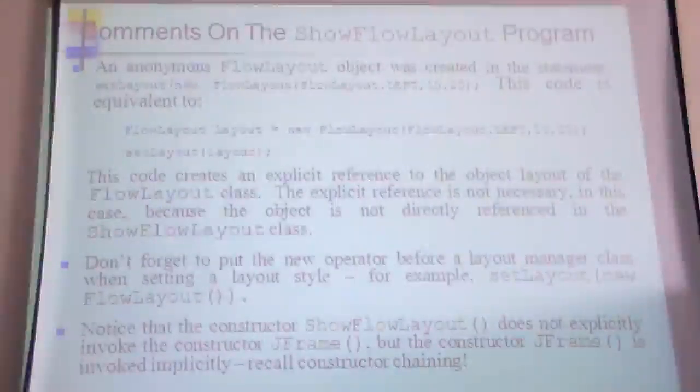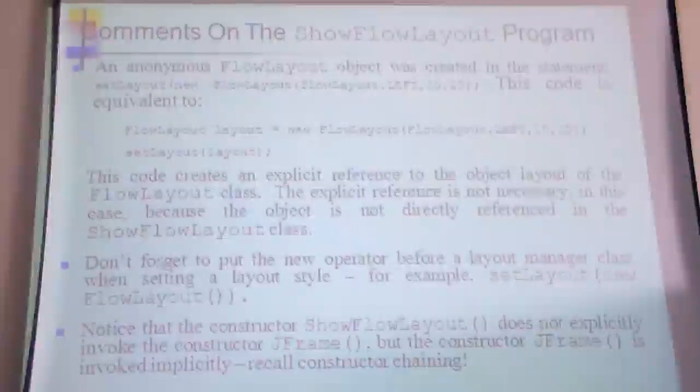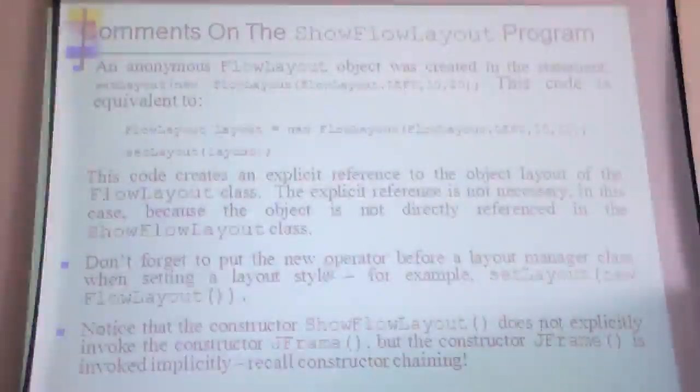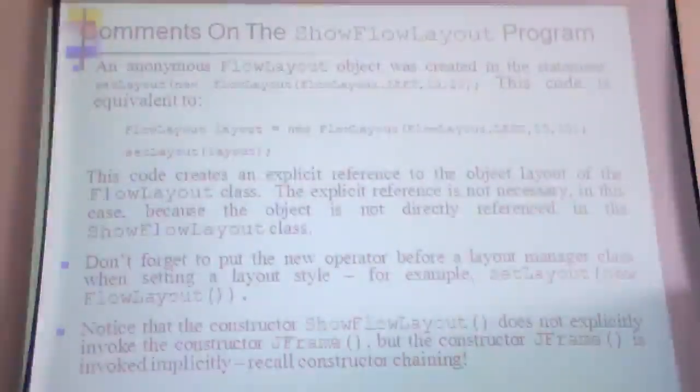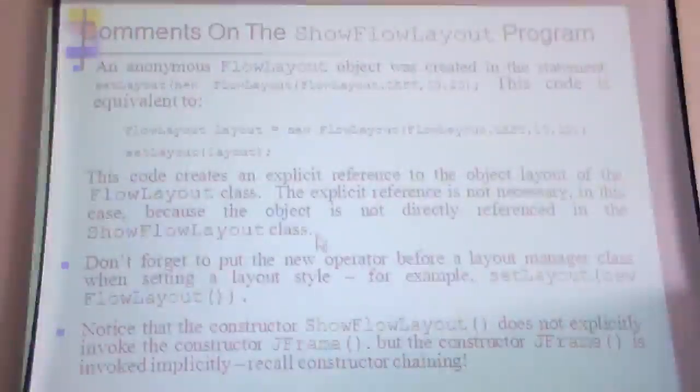This statement and that statement are the same. It means preparing the flow layout to work and to manage our components. Don't forget to put new, because this is important.